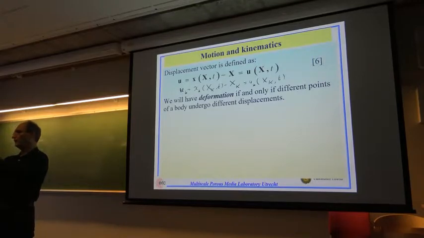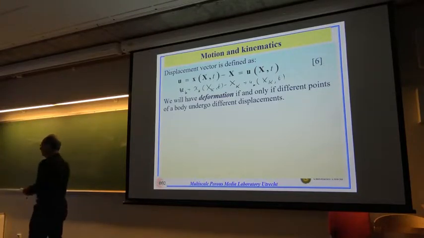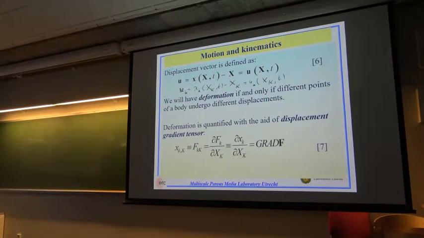So if I have a fluid here, and let's say if I do this, the fluid doesn't move, there's no deformation. If the fluid moves around here, that means different points will undergo different motion. Then indeed the gradient of u will not be identity, will not be equal to 1.